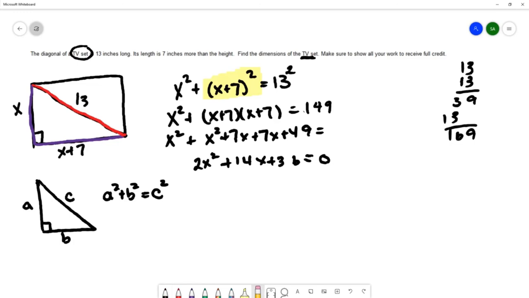It's 169. So then I would subtract 169 on both sides, and this would not be 36. We need 49 minus 169. That gives me a negative 120.